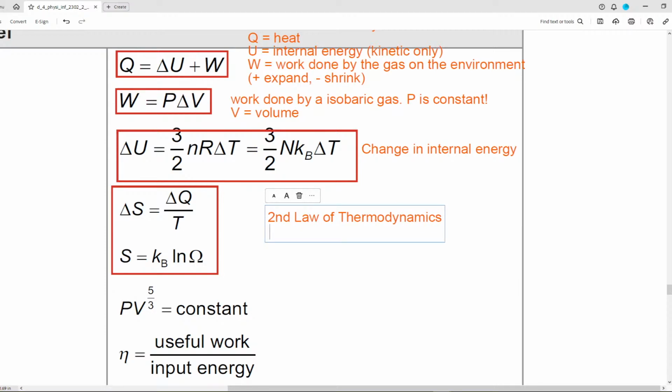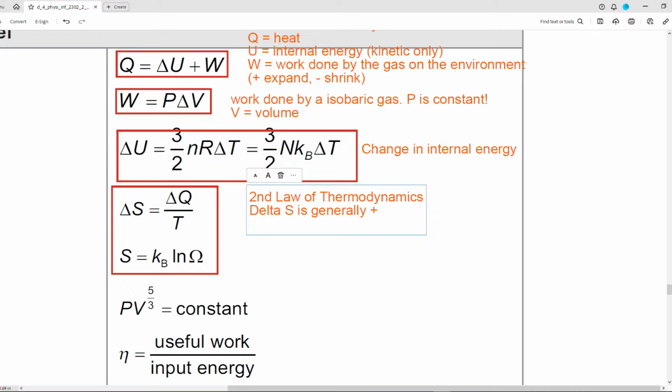Okay, that says in a system, delta S is generally positive, but not always. These two formulas only tell you how to calculate. If you have an isothermic gas, it could expand, could shrink, and energy can still be exchanged.